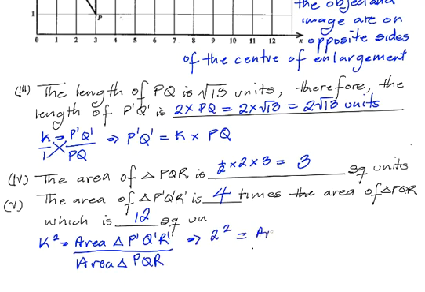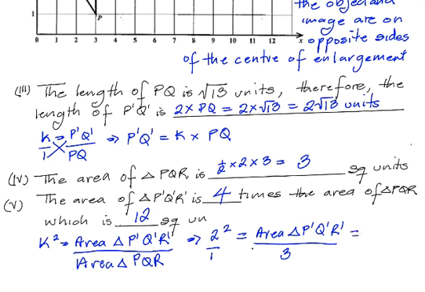So it's the area of triangle P'Q'R', which we don't know, over the area of triangle PQR, which we just found out is 3. 2 squared is 4.